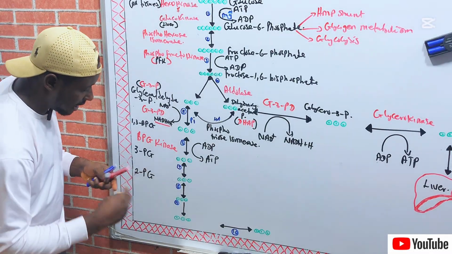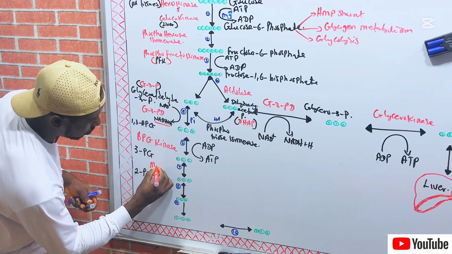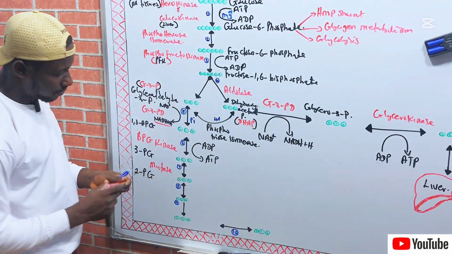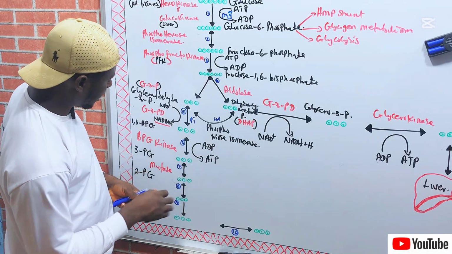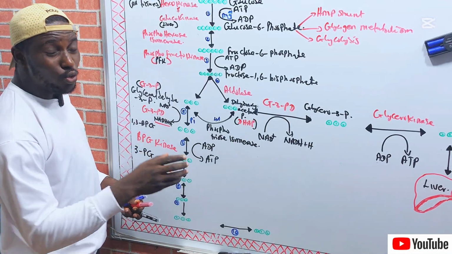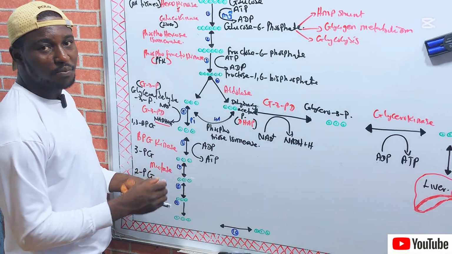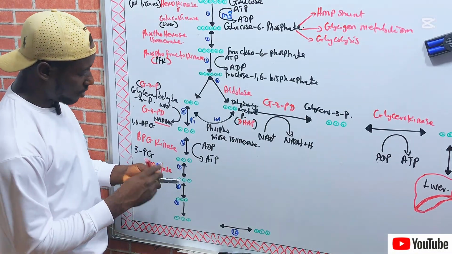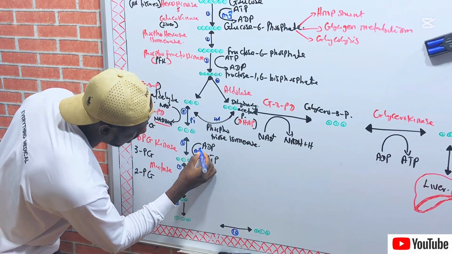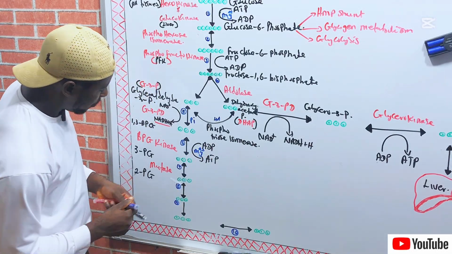So it is a mutase enzyme, right? You have to understand that this bisphosphoglycerate kinase, which is the enzyme that catalyzes step 6, uses magnesium ion as a cofactor. So there's a magnesium ion here as a cofactor.